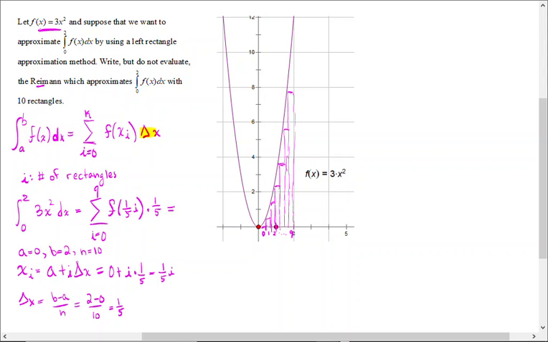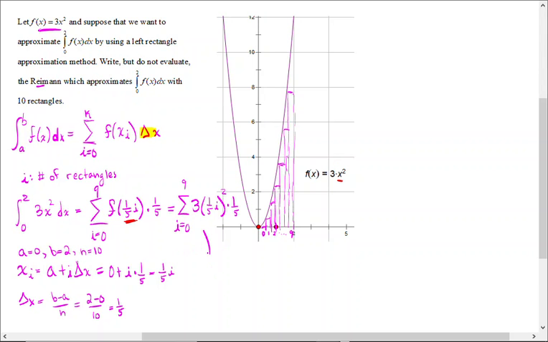And with a little bit of manipulation, all I need to do now is substitute in, let me get my red pen, I need to substitute that in for x. So that becomes summation symbol, I equals 0 to 9. The function is 3x squared, so it's just 3 times 1/5 I squared times 1/5.